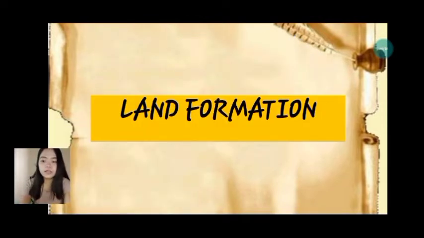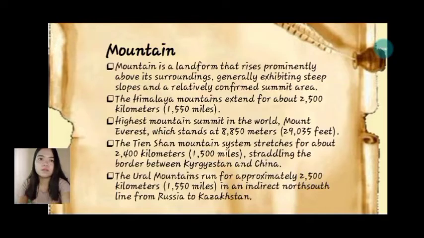So proceed to the land formation. First is the mountain system. A mountain is a landform that rises prominently above its surroundings, generally exhibiting steep slopes and a relatively confined area. The first mountain is the Himalaya Mountain.